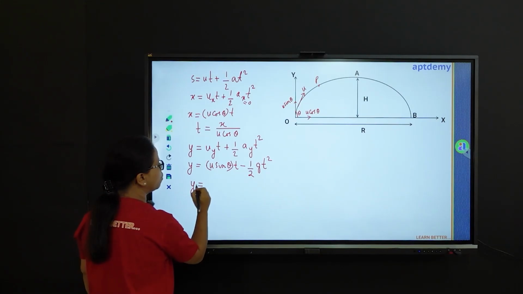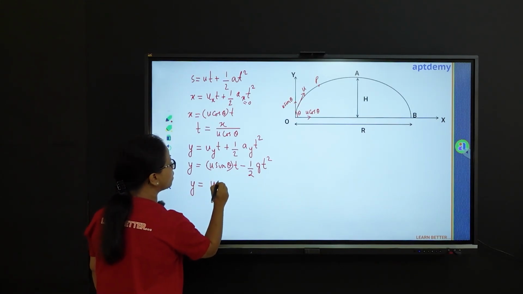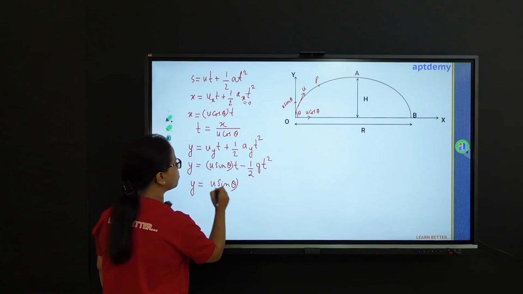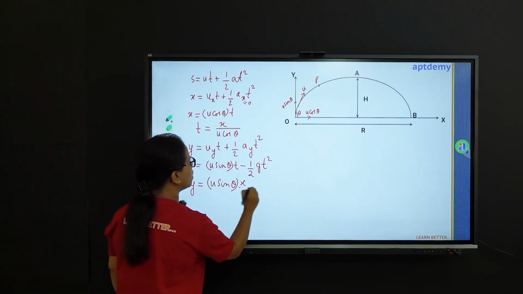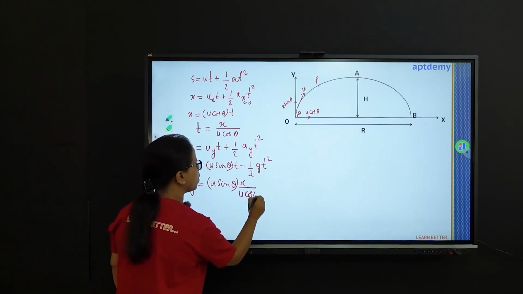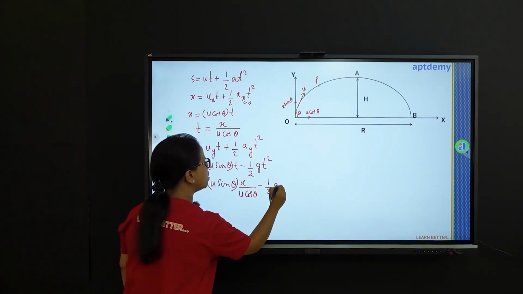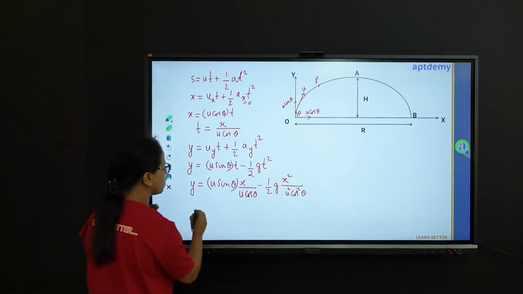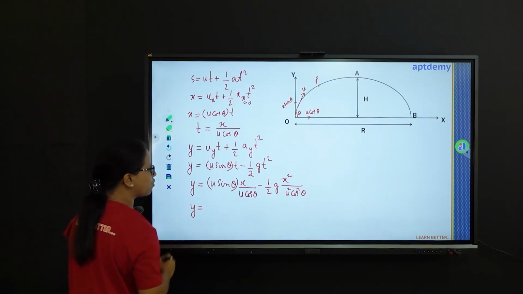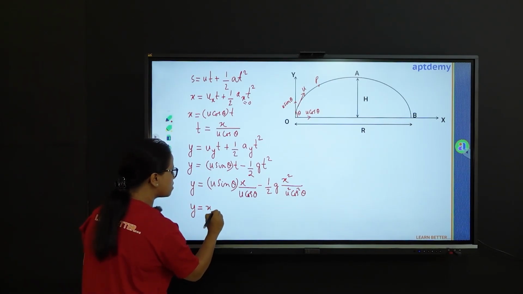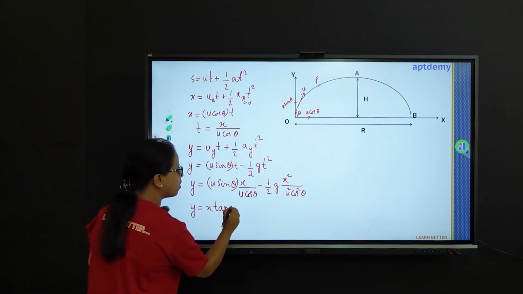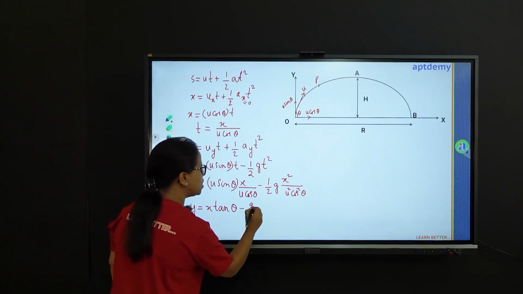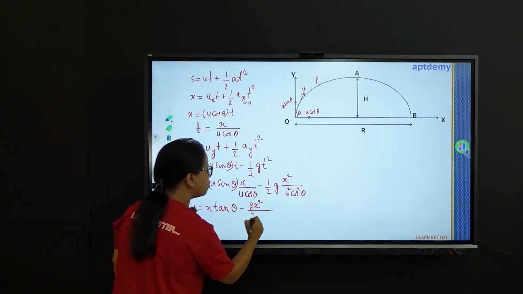So we get y equals u sin theta times t, that is x by u cos theta, minus half g t square, that is x square by u square cos square theta. Ultimately we get an expression for y as x tan theta minus g x square by 2u square cos square theta.